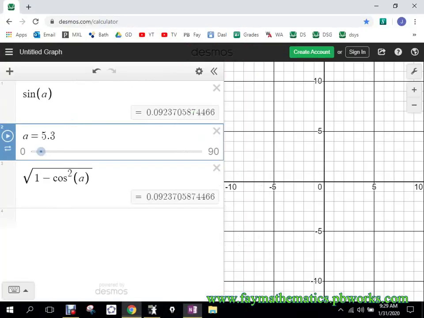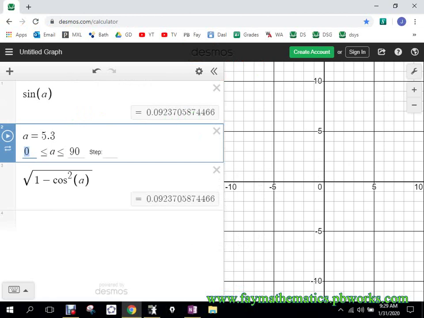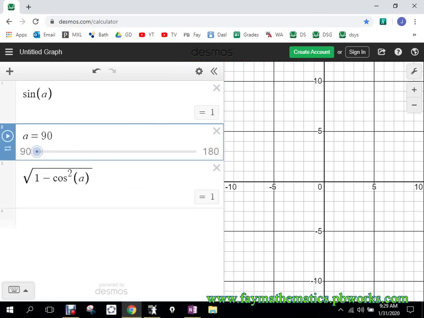So if we go back to Desmos and we change this from 90 to 180 and I play that through, are these two numbers always the same sign? Yeah, no matter where I stop it, they're both positive.